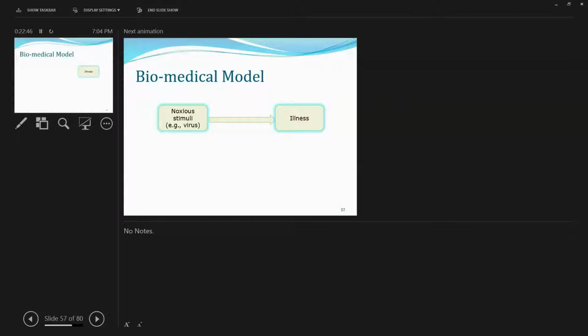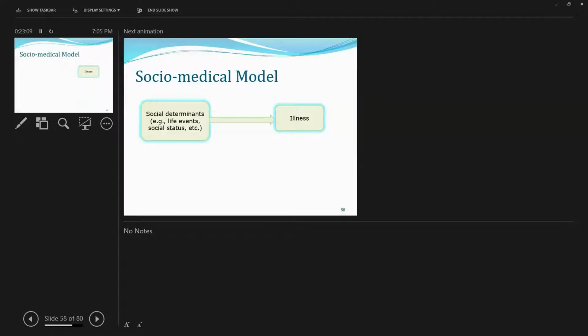So in the biomedical model, we have illness, right? And what are the causes? We have noxious stimuli like virus, bacteria, and germ, as agents. Then we have what? Antibody or drug to reduce illness. Right? What about the social medical model?